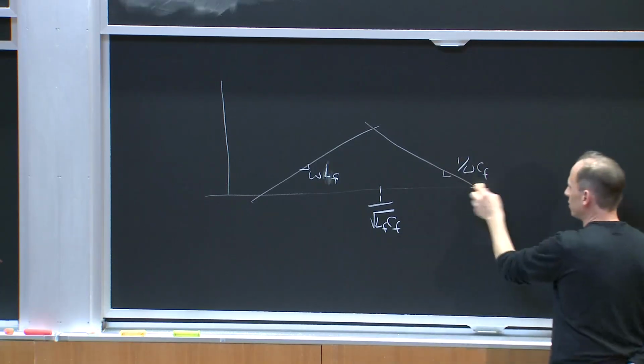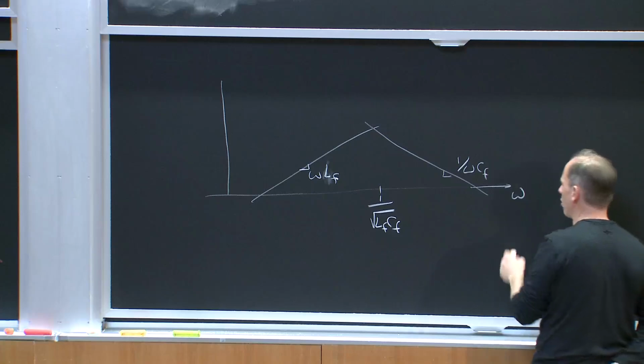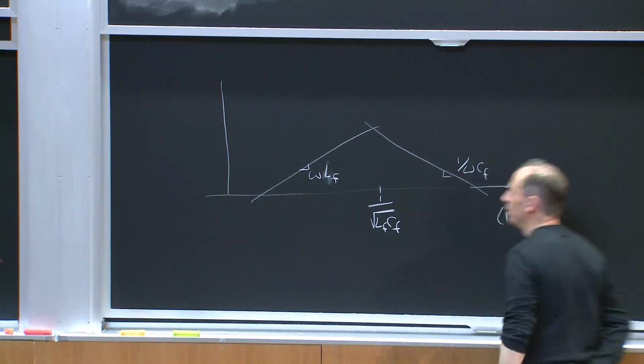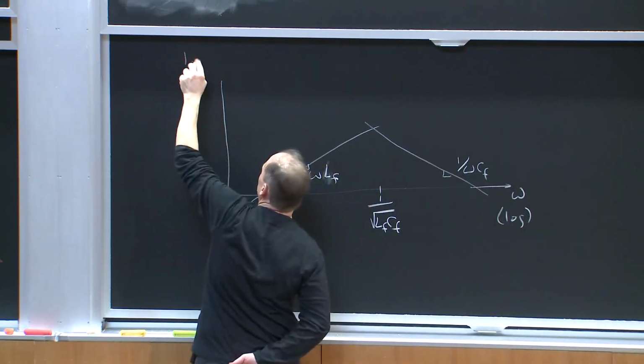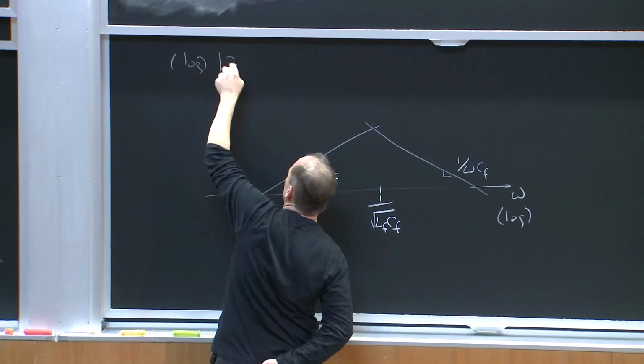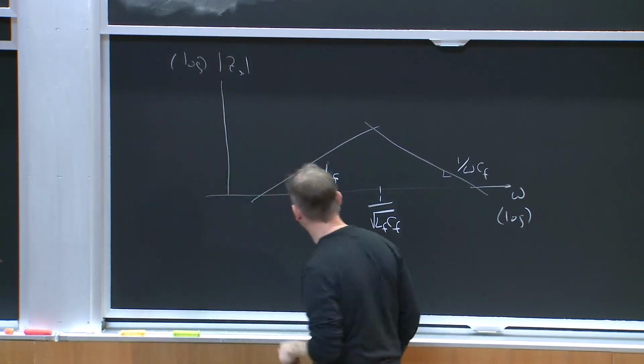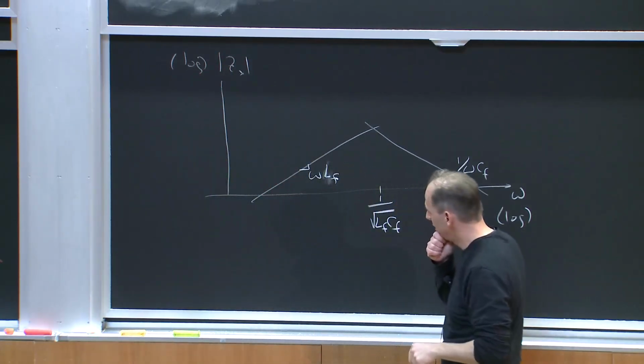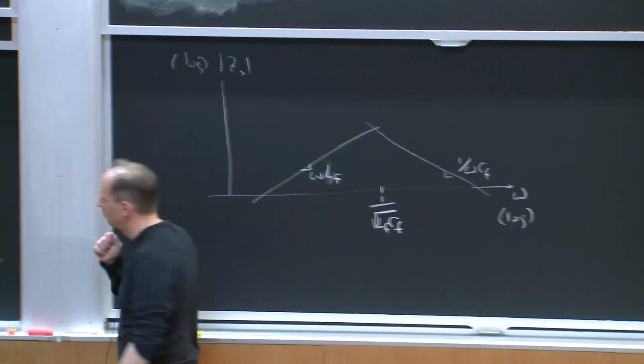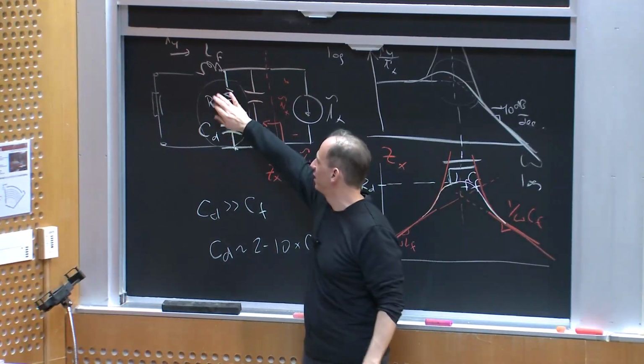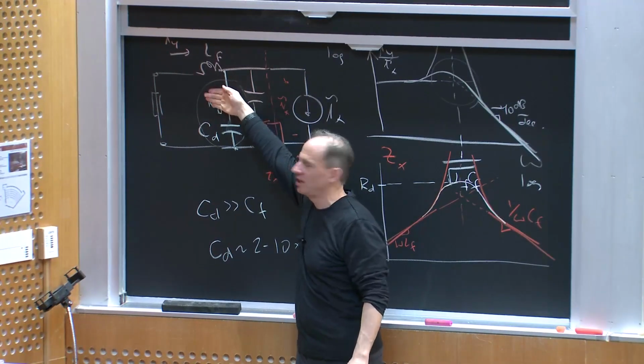This is versus frequency on a log-log plot, and this is the magnitude of ZX, looking back there. If I let RD go to infinity, it's basically like CD is not in the circuit.